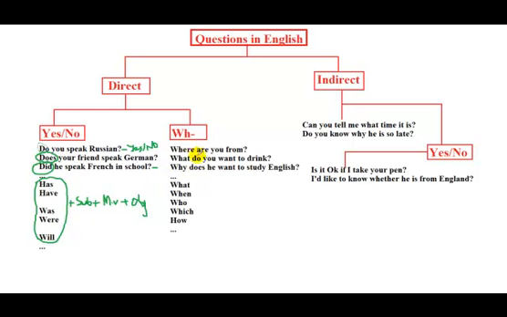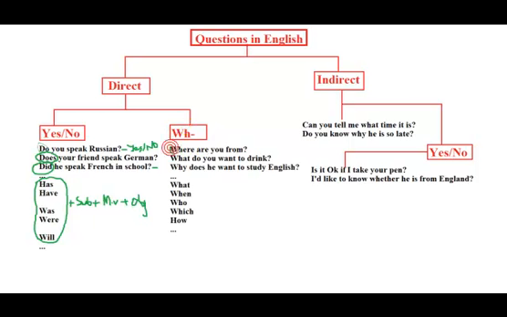And now if you look at WH questions, we use this question to know more information, to know more details, and because of that, in some grammar books you'll find them called explanatory questions, or WH questions. So what are these words? The words begin with WH.